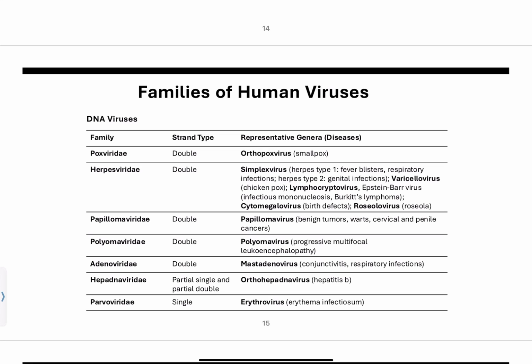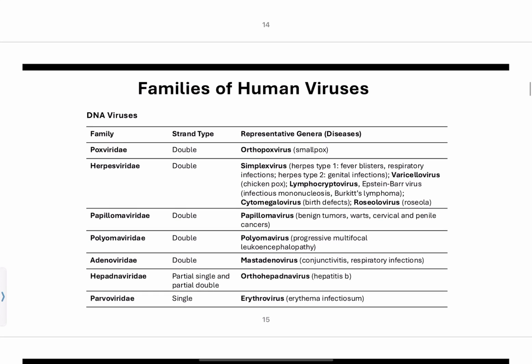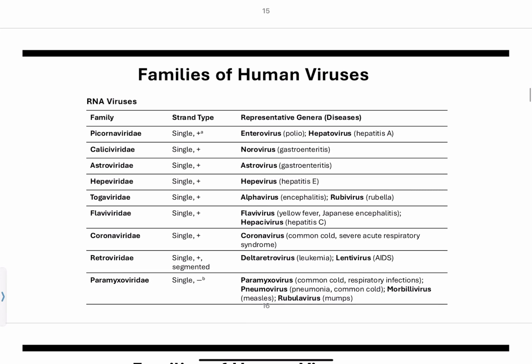HPV 16 and HPV 18 are the strains that can lead to cervical cancers or even oropharyngeal cancers. What's really great is that now we have HPV vaccines, and this has significantly reduced the prevalence of HPV 16 and HPV 18, as long as we're maintaining a good number of vaccinations in certain populations.